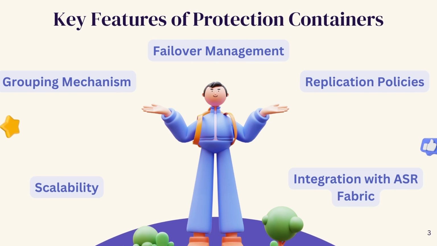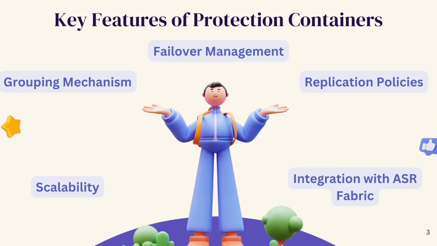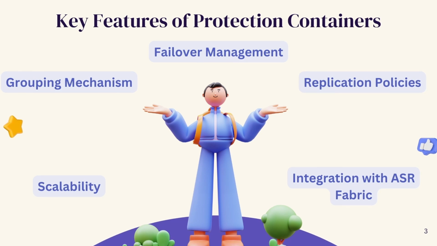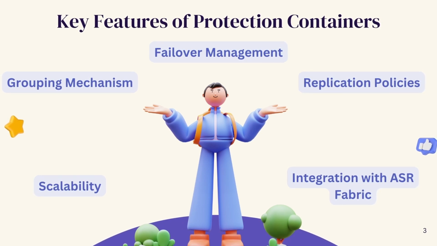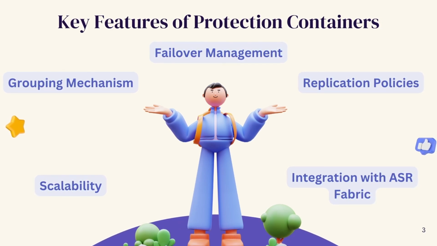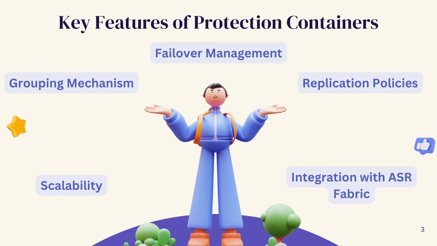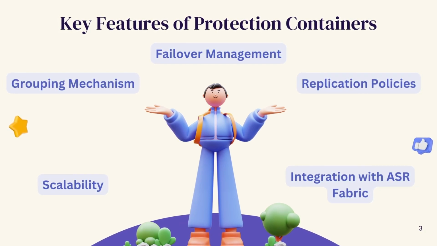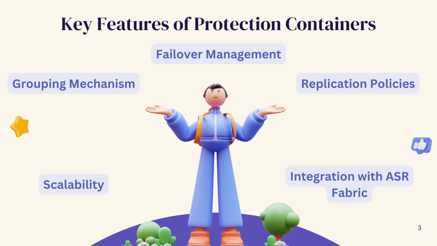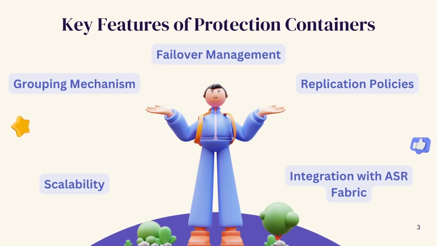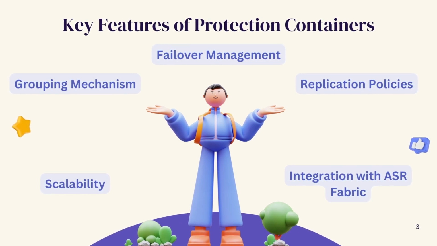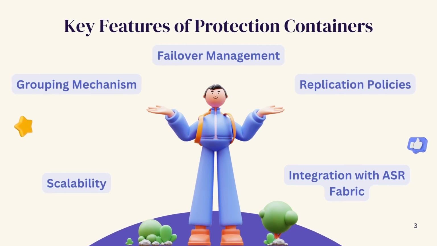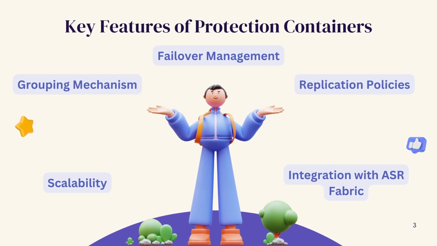As your disaster recovery needs grow, you can scale by creating multiple protection containers for different sets of workloads or organizational units. The fifth feature is integration with ASR Fabric. Protection containers reside within ASR Fabric, which represents your source and target regions. This integration ensures seamless replication and failover across Azure regions.